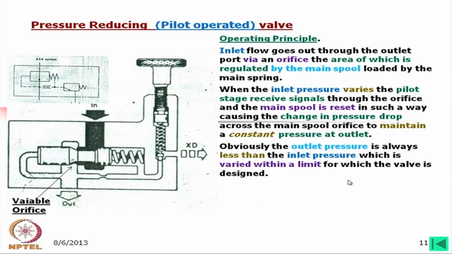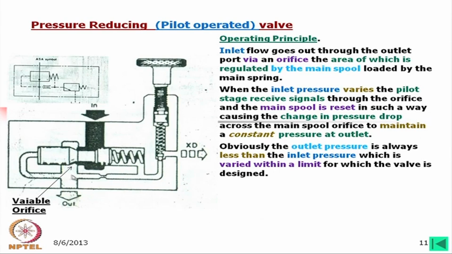Obviously, the outlet pressure is always less than the inlet pressure, which is varied within a limit for which the valve is designed. Depending on the amount of flow and the pressure drop, the orifice size, spool size, spring, etc., are all determined. That means this valve will have a range only.